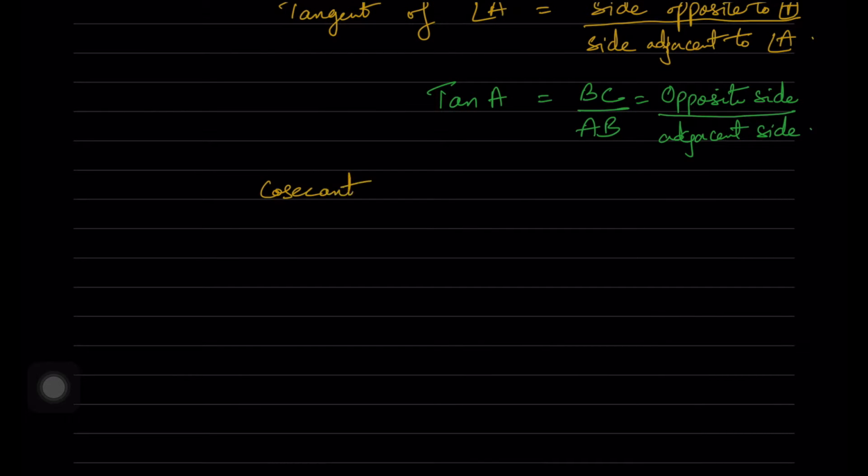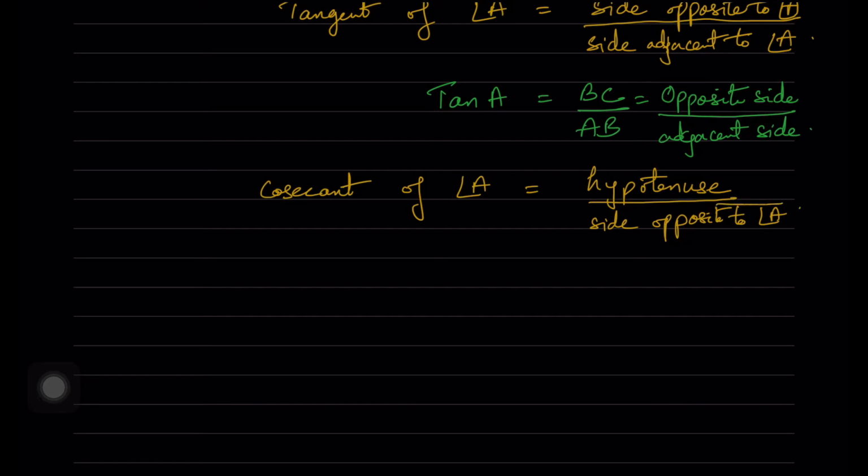Next we have cosecant of angle A, which is equal to the hypotenuse by the side opposite to angle A. Therefore cosec A is equal to AC by BC, which is hypotenuse by opposite side.